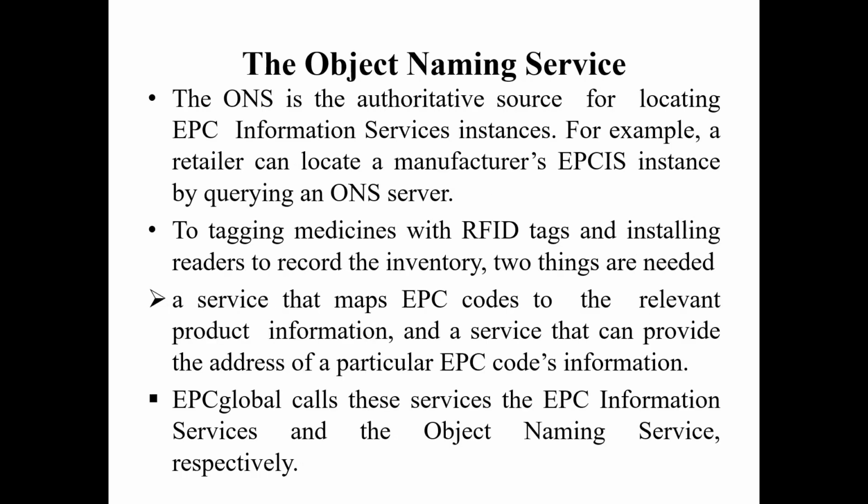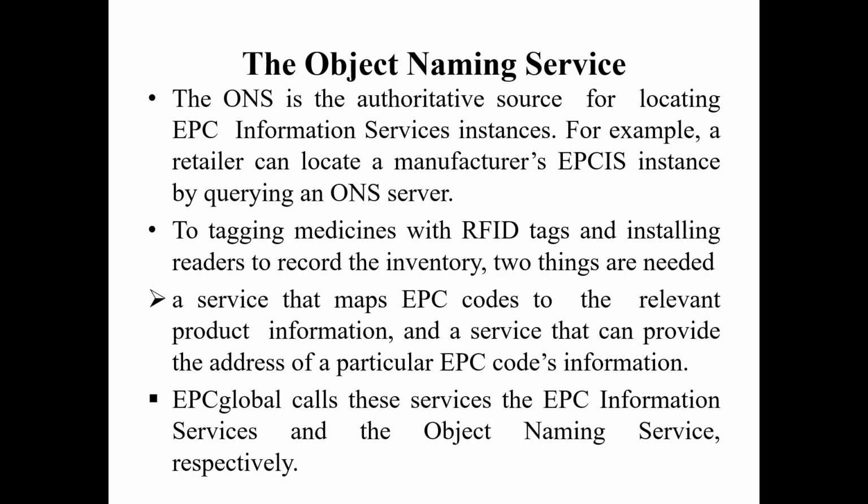The next one is object naming services, that is ONS. It is a network service in the EPC Global Network. It works similar to the DNS, the domain name system of the internet.